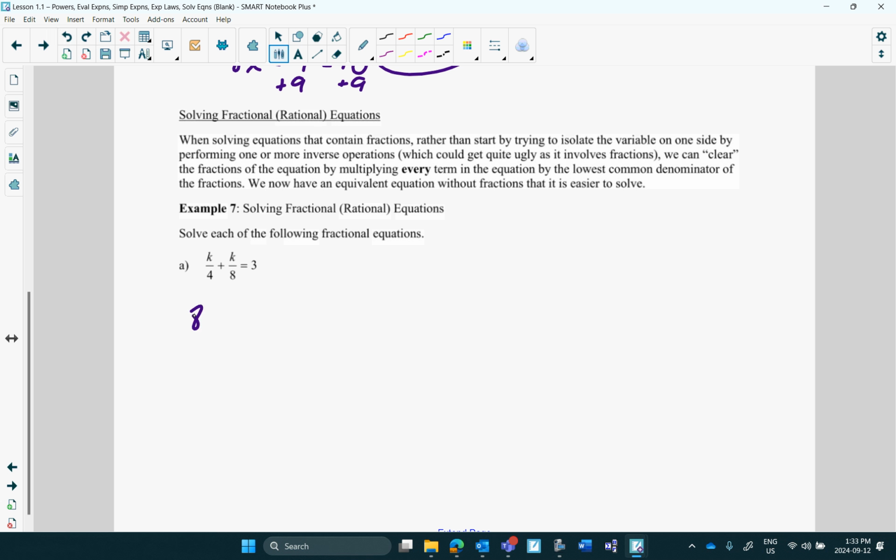So I multiply 8 by k plus 4, plus 8 times k over 8, equals everything. Even the non-fractions have to get multiplied by 8, because if you don't, you've changed the equation, which means it'll change to an incorrect solution.